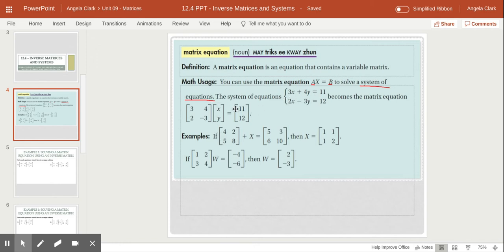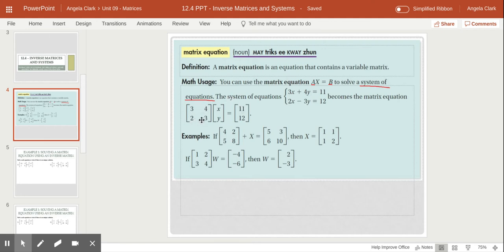And then this is your answer matrix, or your constant matrix. The constants on the right side of the equation are going to go in your constant matrix. So hopefully this makes some intuitive sense.